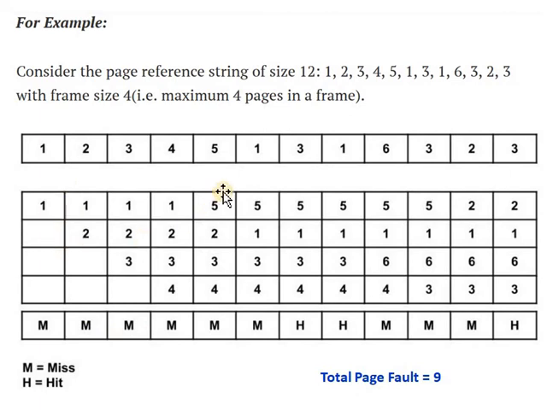But when 5 comes, it is not available in the main memory. So a page fault will occur, that means a page miss occurs, and it will replace the oldest page in the memory, that means 1.